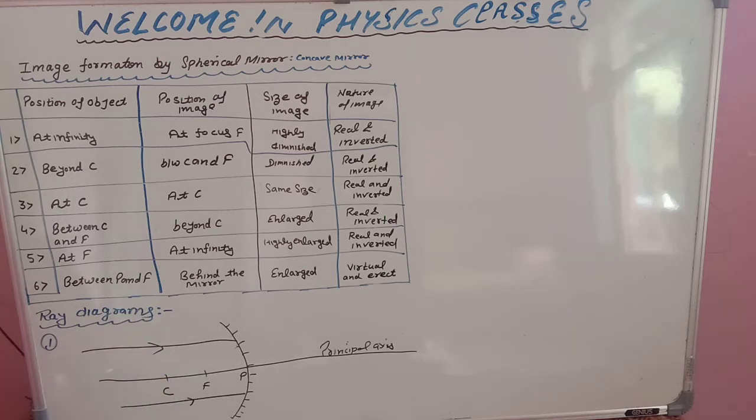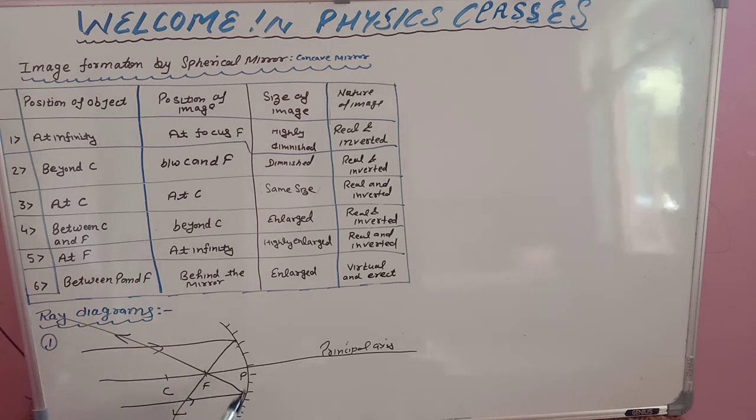And students, you have studied in principal focus, if a parallel beam of light is coming, then it will reflect and meet at a single point. So this ray strikes here and is reflected back like this. This ray is going like this and striking back like this.